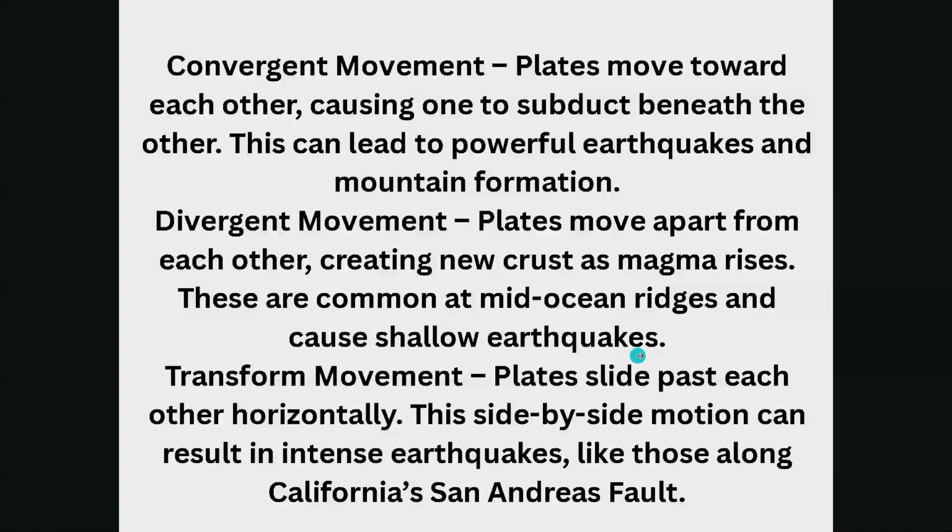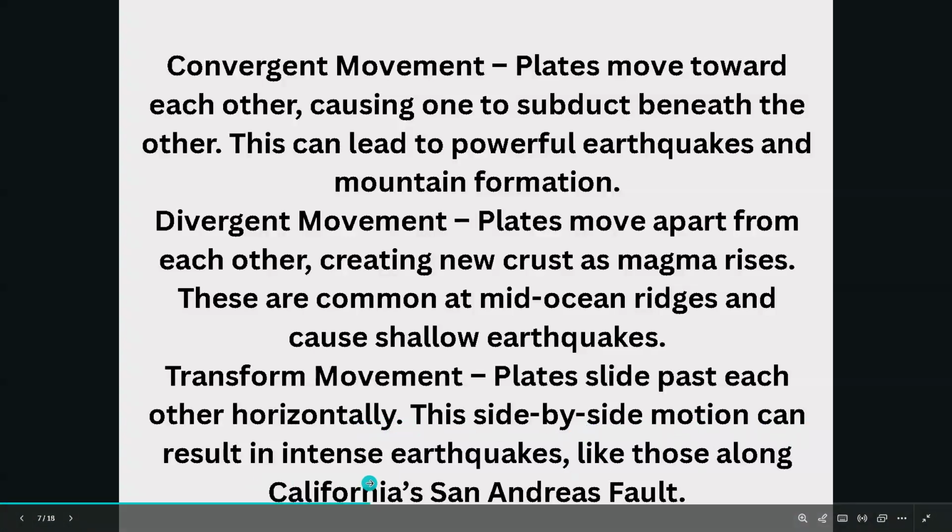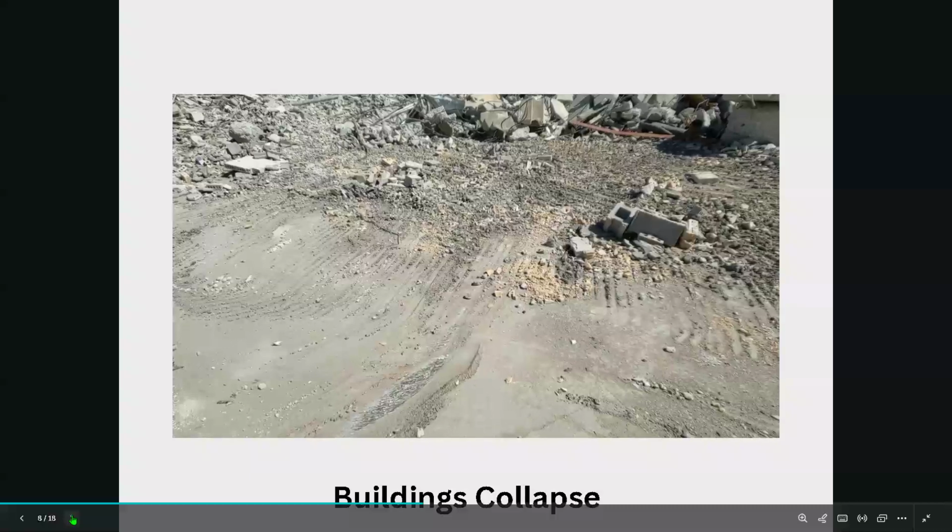So in the mid-ocean ridges, you will definitely find shallow earthquakes. Transform movements: plates slide past each other horizontally. This side-by-side motion can result in intense earthquakes like those along California's San Andreas Fault. So when it is moving away from each other, you will find that the land goes down.